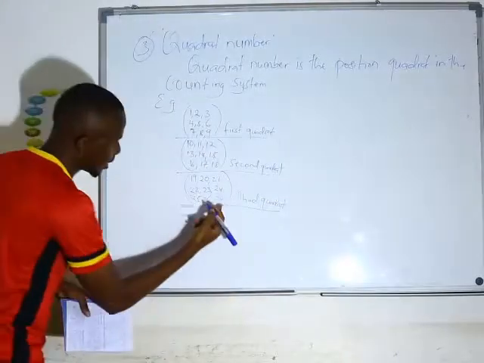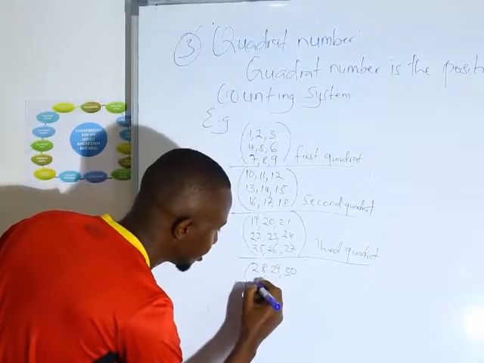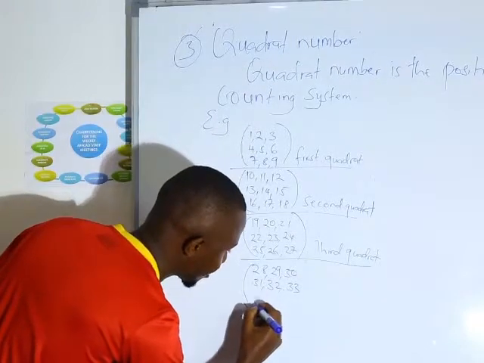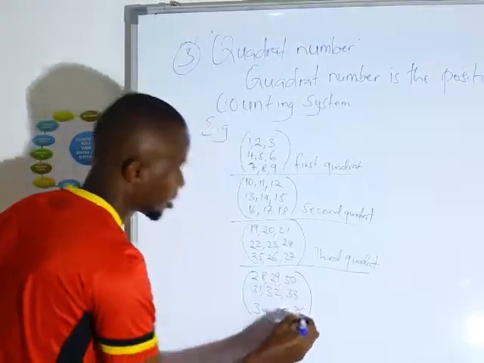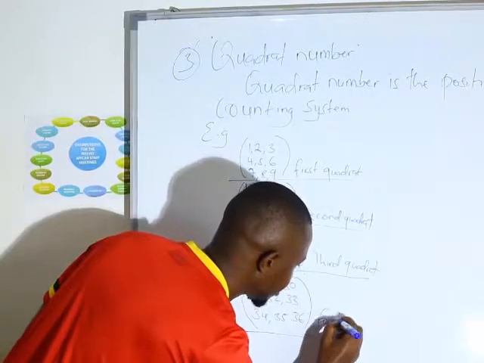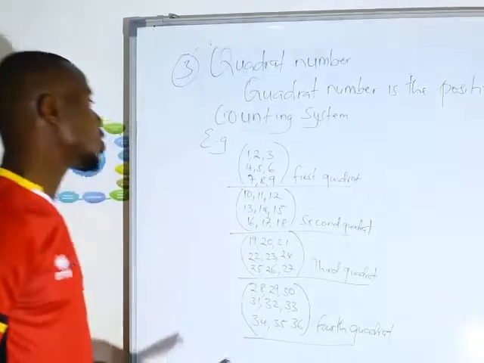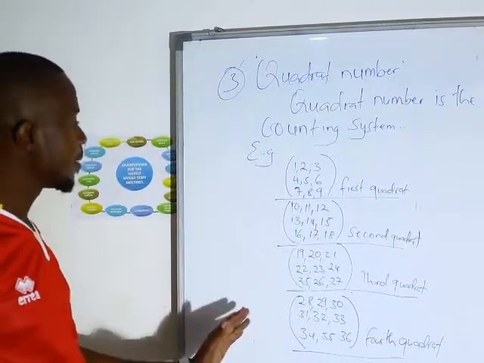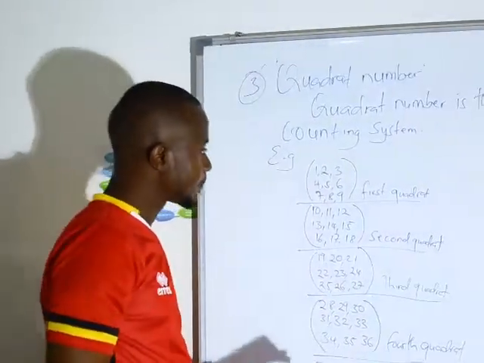Another quadrant begins from 28, 29, 30, 31, 32, 33, 34, 35, 36. This is the fourth quadrant. So these quadrants go on up to infinity. You can write them fourth, fifth, sixth, up to infinity.